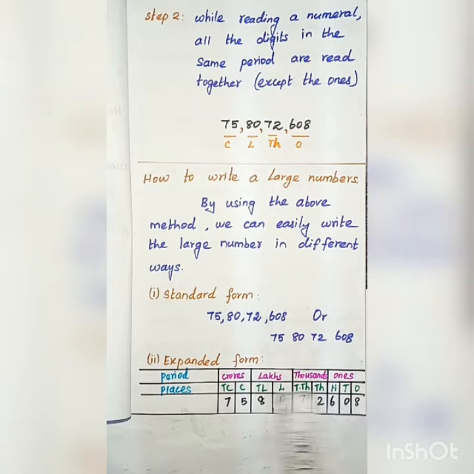Now you fill in the number from the right side. Any number, you start from the right side. Don't start from the left side, it will cause mistakes. So always write the number from the right side, that is, from the ones place.